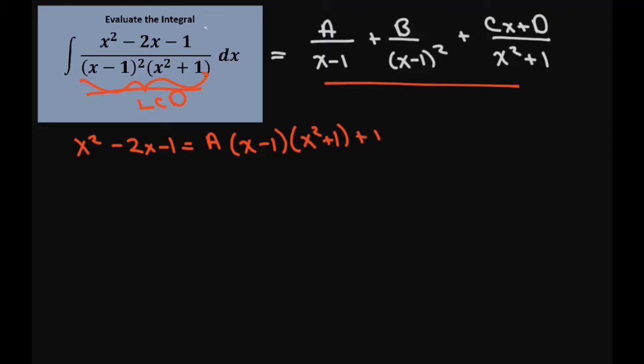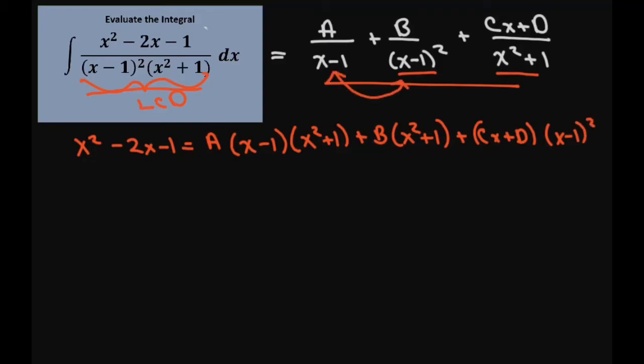And your B, you're missing just this one, so that's going to be x squared plus 1, and then your Cx plus D, you're missing this one, so that's going to be x minus 1 squared. Because remember, this one's grouped in here, and the reason you have to write it out twice is because this is part of the common denominator.